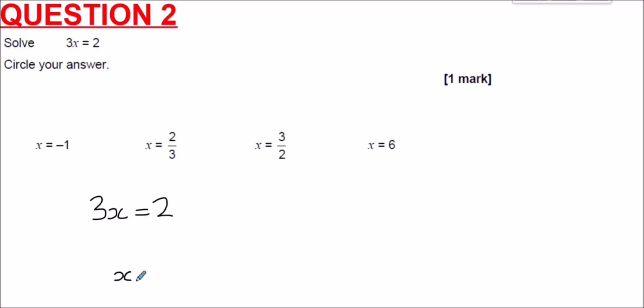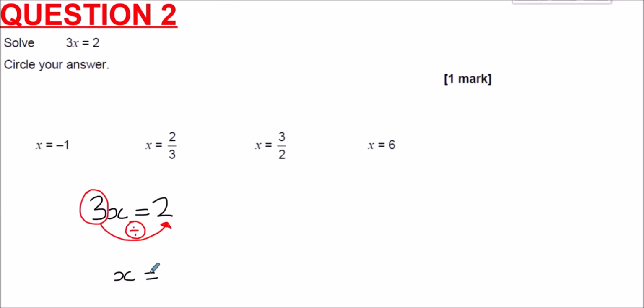At the minute, we've got a 3 in front of the x, and that 3 is multiplying the x. If two things are next to each other in algebra with no instruction, it will always mean one multiplied by the other. So because that 3 is multiplying the x, what we could do is swap the side of it and swap the sign. Opposite of multiplying by 3 is dividing by 3.